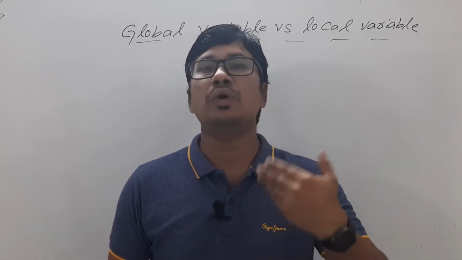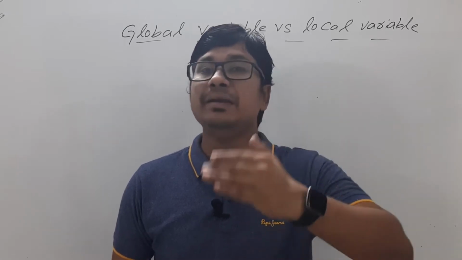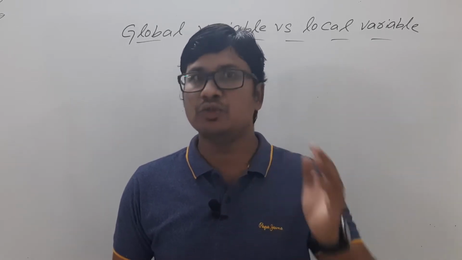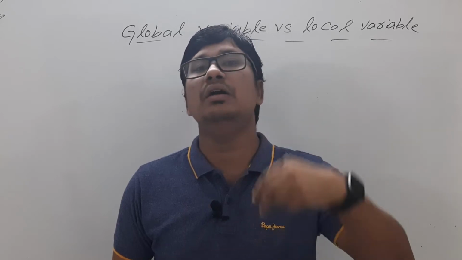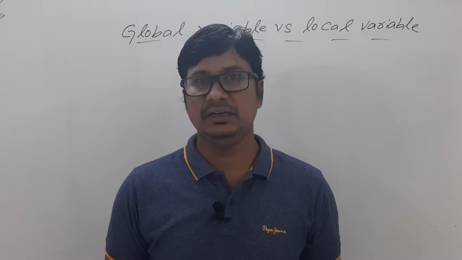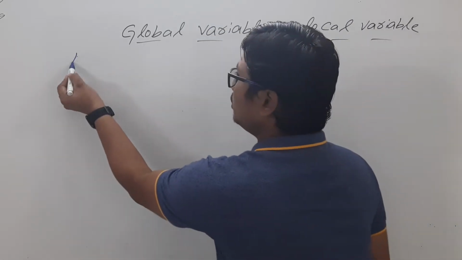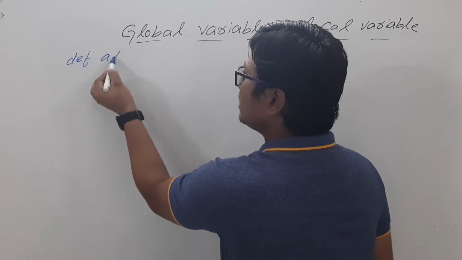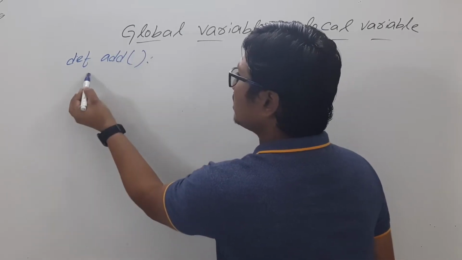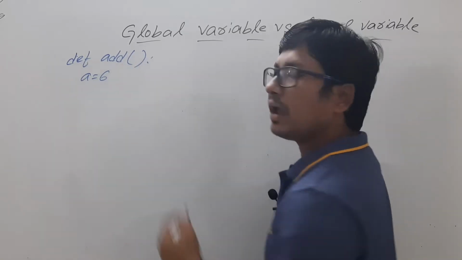First, let me discuss what is a local variable. A local variable is a variable which can be accessed, or its scope is only within the particular function or within the block where you have defined. Suppose let me take a simple example. You have defined a local variable a and assigned a value 6 within a function called add.